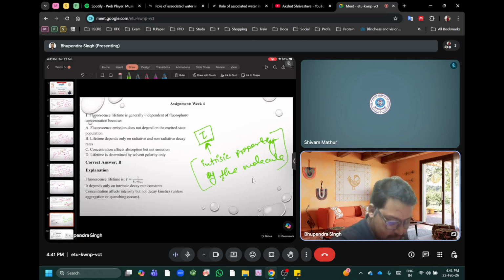Lifetime depends only on the radiative and non-radiative decay. Yes, so lifetime is Kr plus Knr. This option seems appropriate: fluorescence emission does not depend on the excited state population.